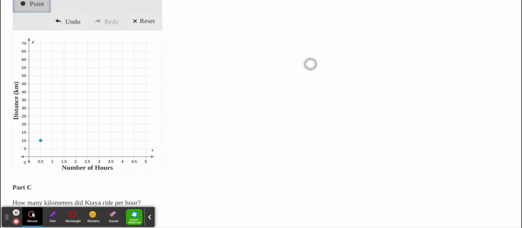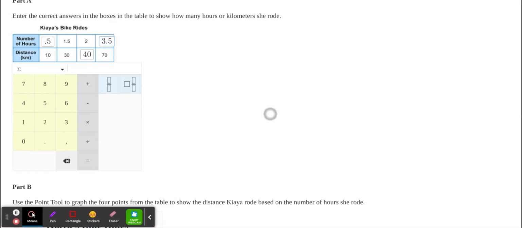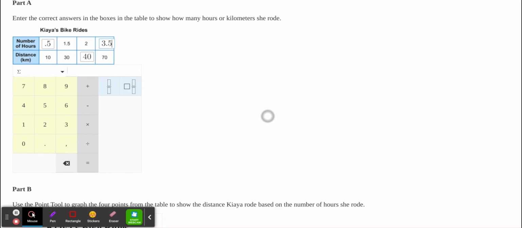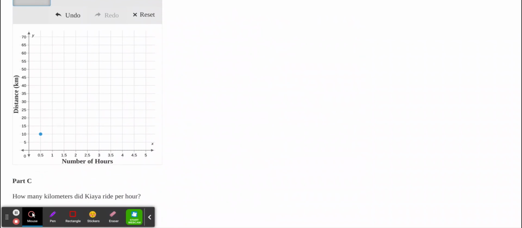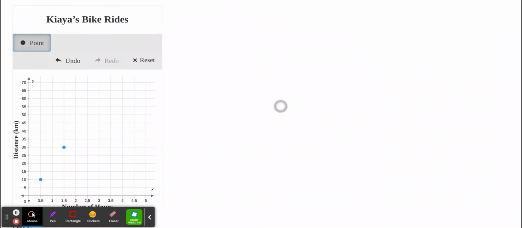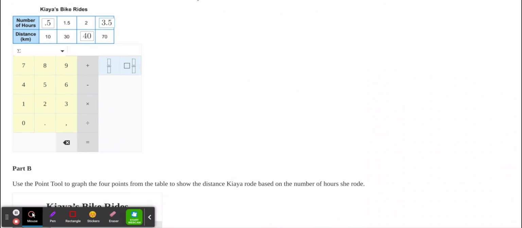So I'm going to go from 1/2 hour here on my graph and go to the 10 kilometer spot and put a dot in. If I look back up, I've got 1.5 hours and 30 kilometers. So again, I'm going to go to 1.5 for my number of hours, go up to 30 kilometers and drop in a point. Keep going.